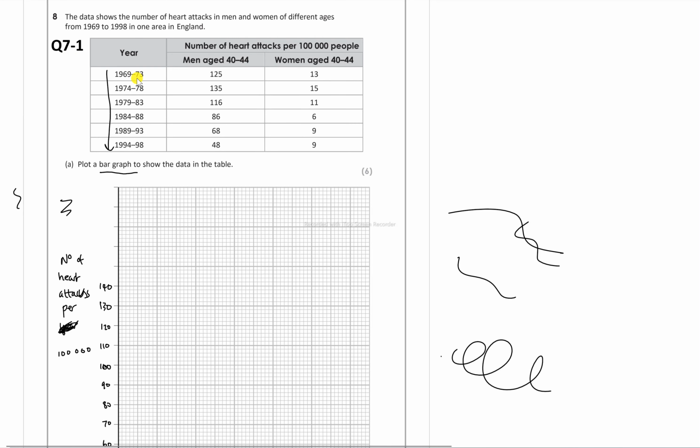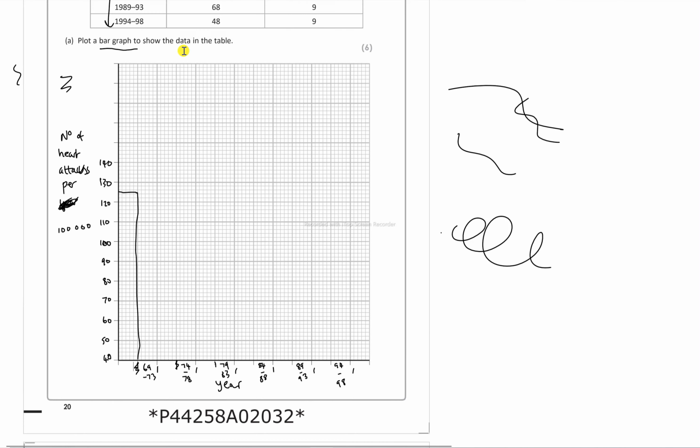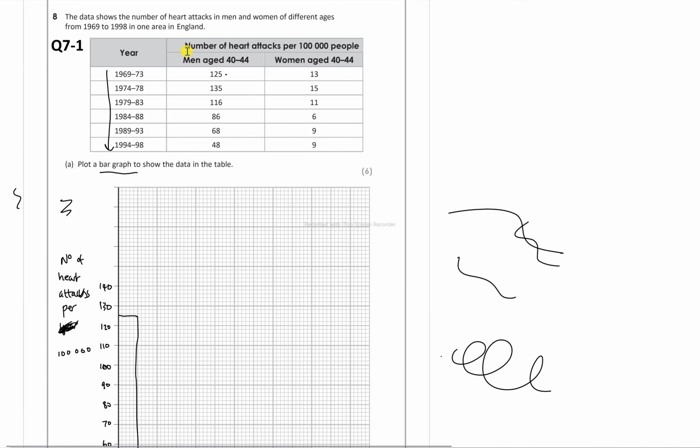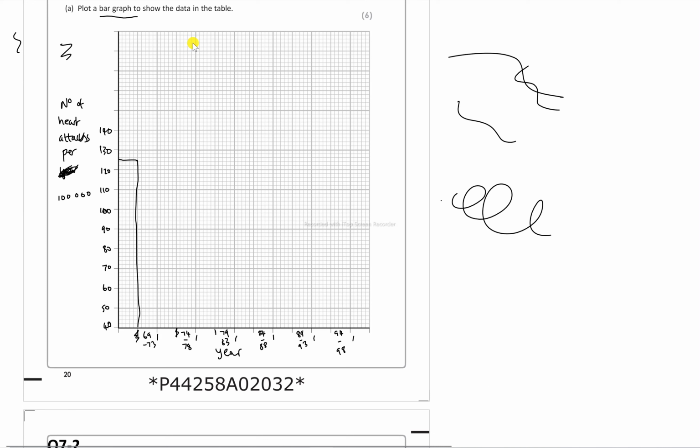Right, let's plot the men. So we need 125. So I was gonna rub these lines off. 125 is there. So if I did men like this, and you're obviously going to use a ruler because you're professionals. Right, 135 for men here.